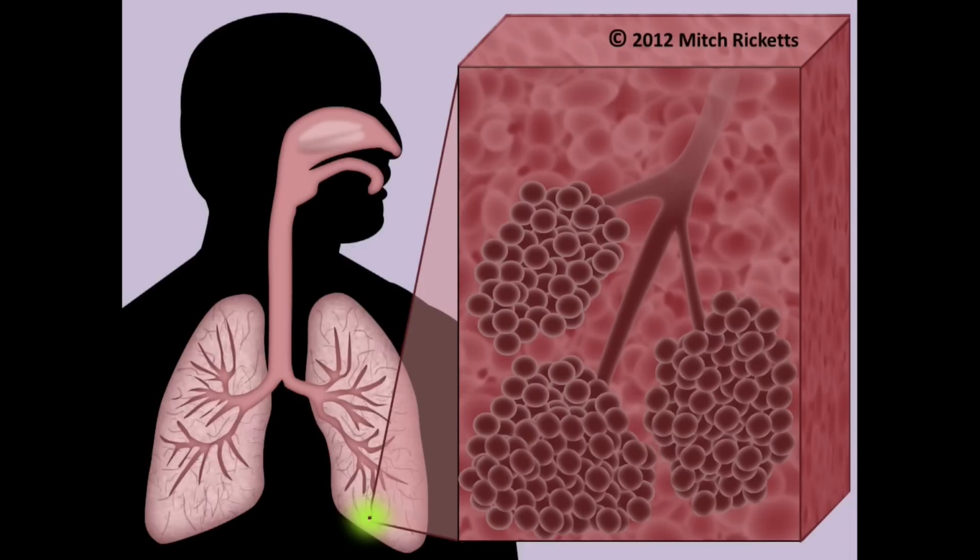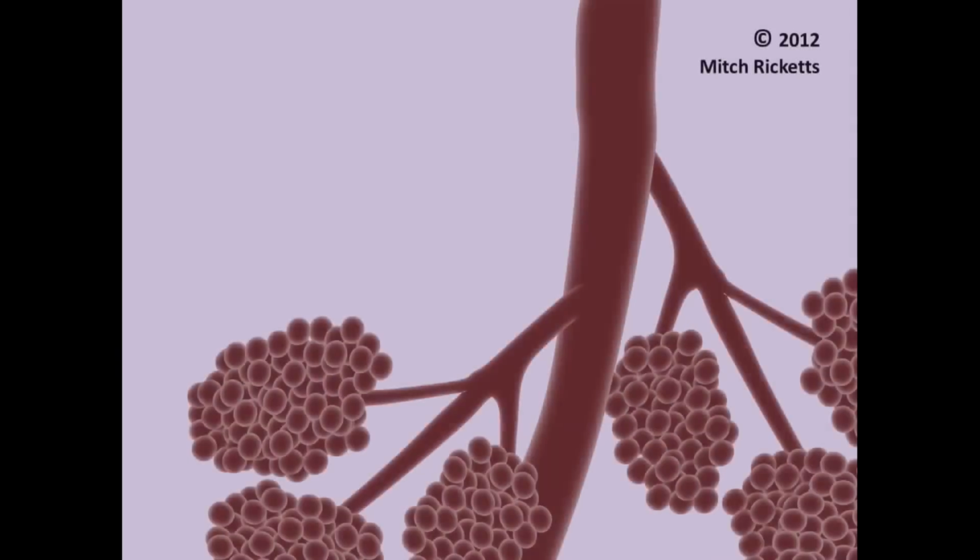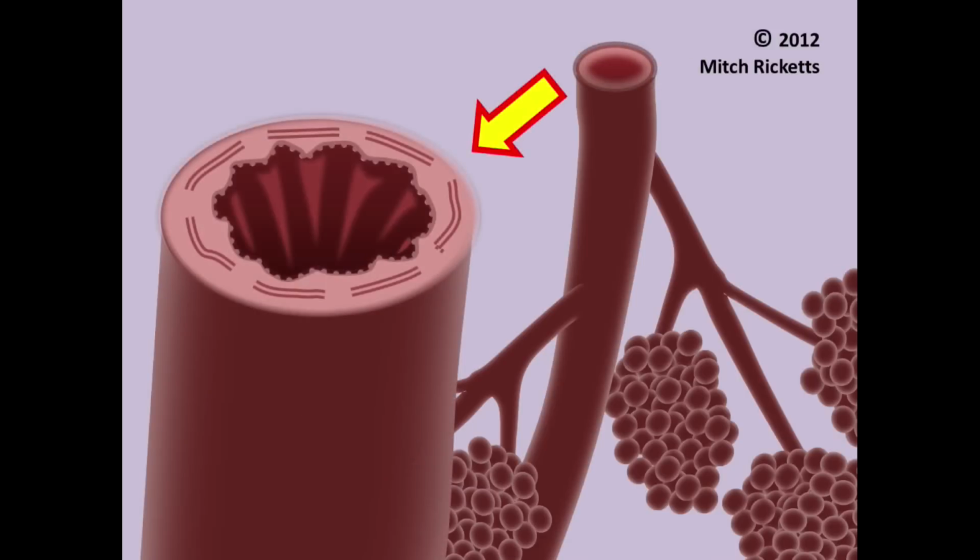Now if we were to take that airway, an airway such as this, and take that bronchus and look at it in cross-section, it might look something like this. And in a normal, healthy bronchus, you can see that the airway is open. Air can pass through there very easily.